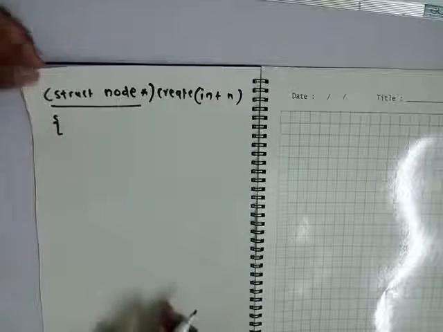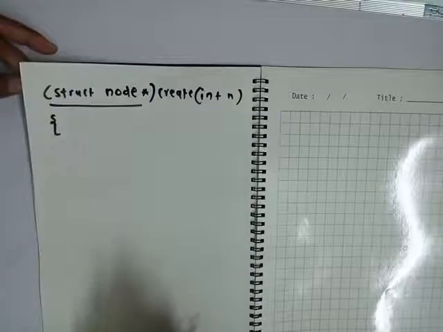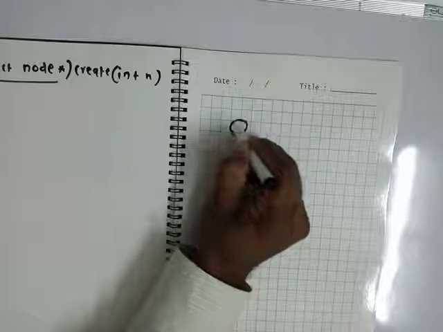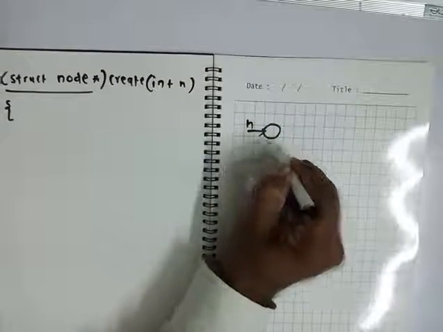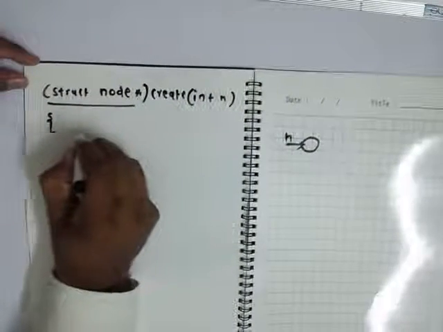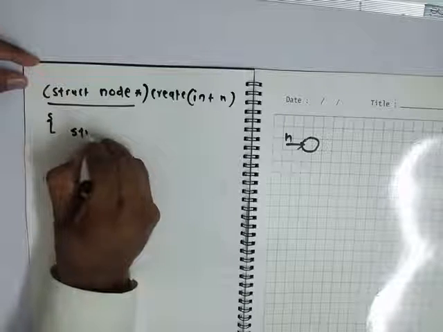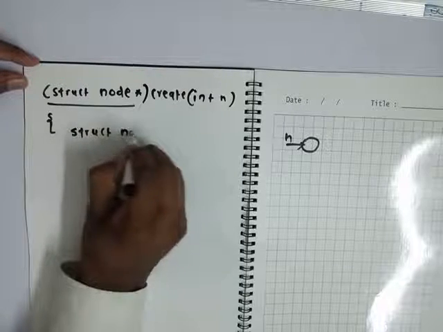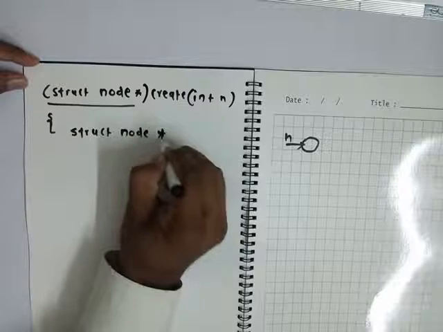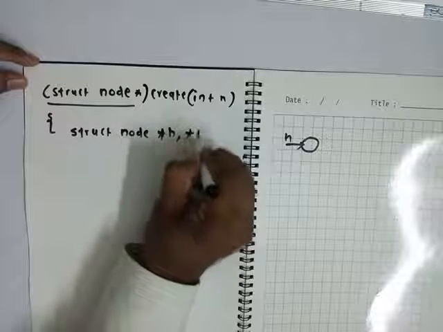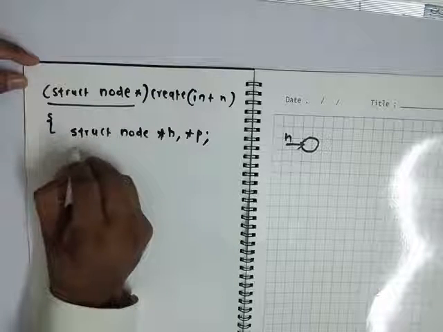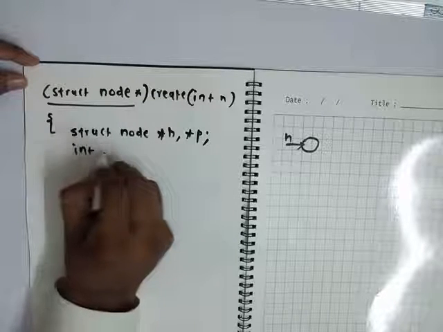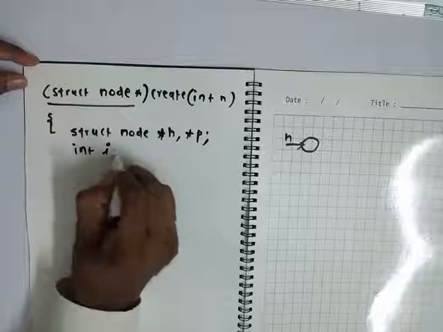Then, as I have just now said, in create we'll be needing two pointers. One is h and one more is p. So let's declare those. The type of both pointers is structure node. Initially I'll need some variables, I, or few more if I require.